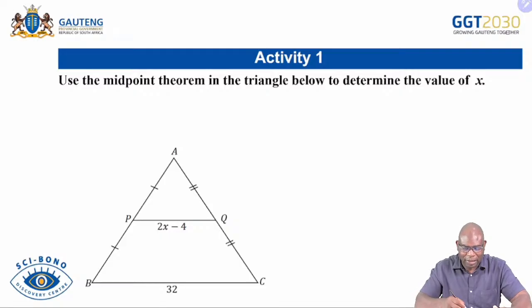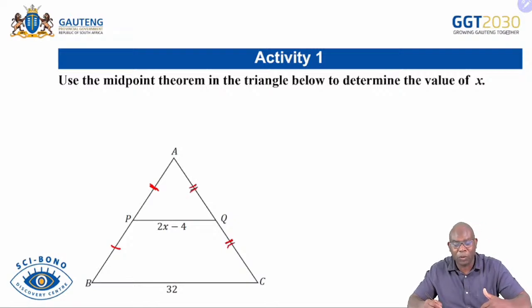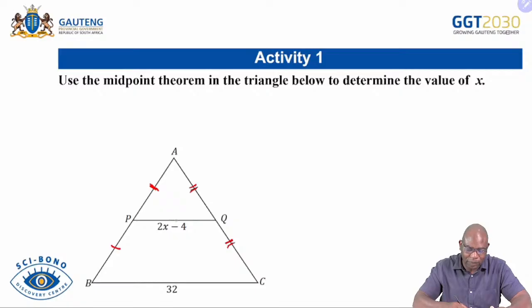Now I can see that this line is equal to that line, and that line here is equal to that line: AP equals PB and AQ equals QC. That tells me that this line is parallel to that, and PQ is going to be half of BC.